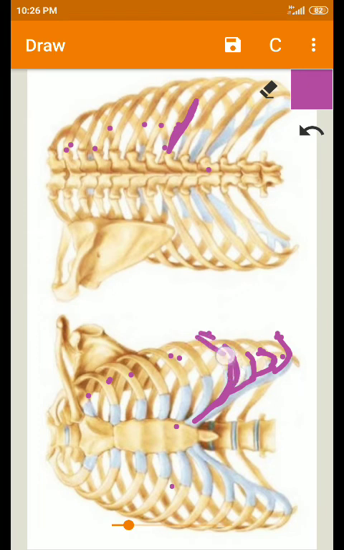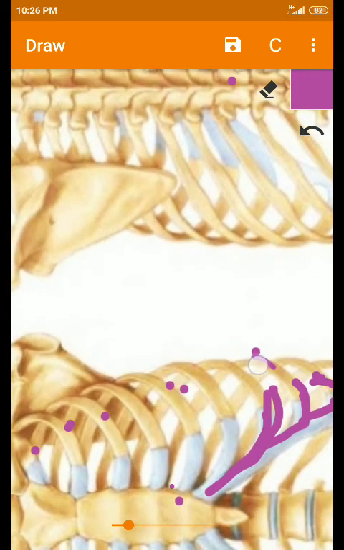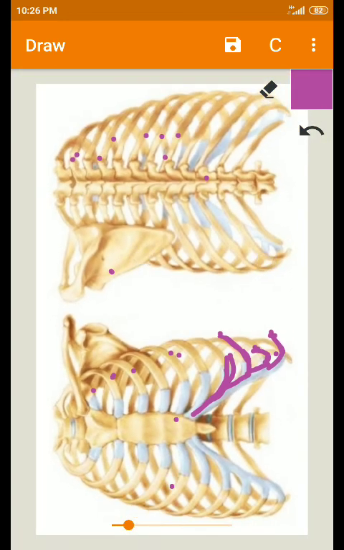It is attached to the costal cartilage, isn't it? The 8th one is attached to the costal cartilage. So such ribs are called vertebro... So here where it is getting attached, chondral, that means cartilage. So they are called vertebrochondral ribs. What do you call?